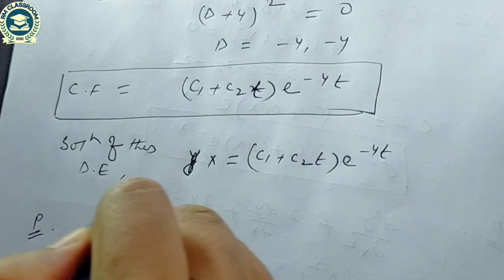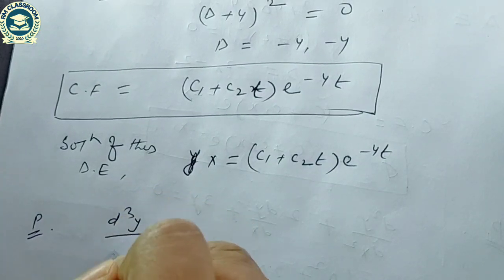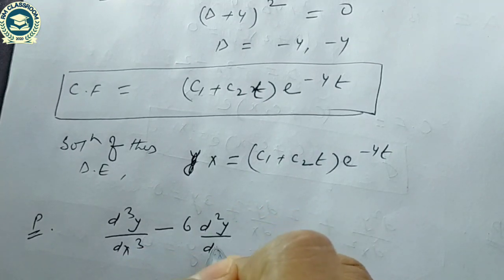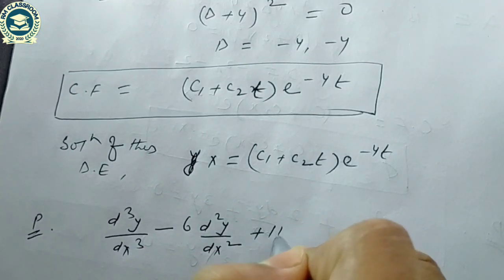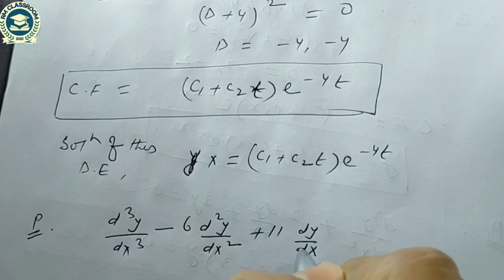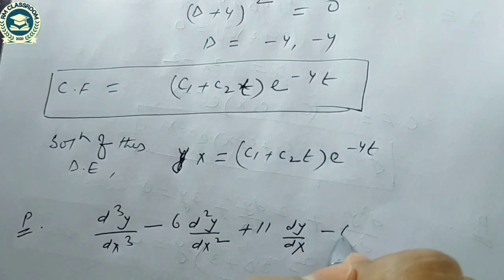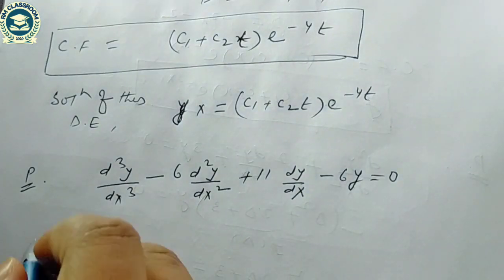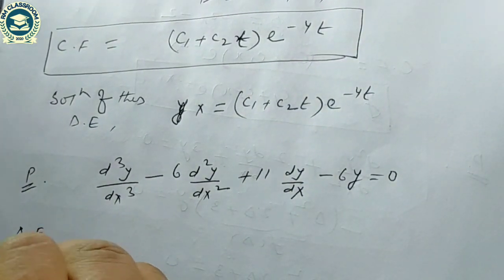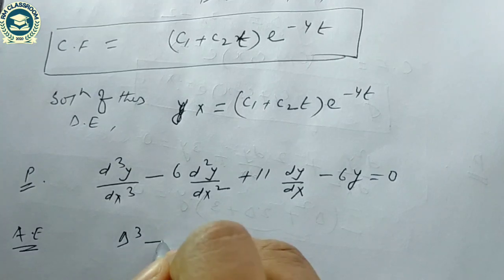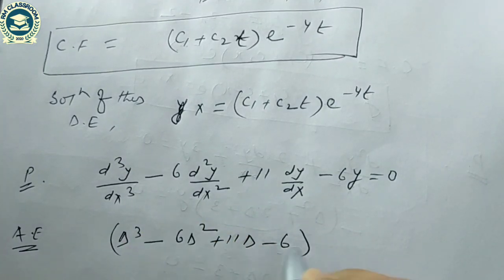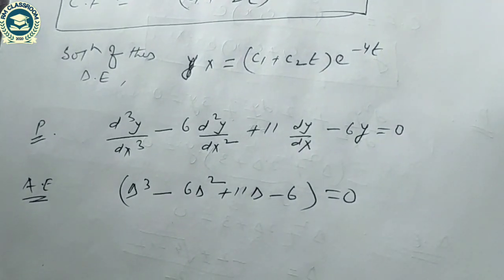If I take another problem, d³y/dx³ minus 6 d²y/dx² plus 11 dy/dx minus 6y is equal to 0. So the auxiliary equation is D³ minus 6D² plus 11D minus 6 is equal to 0.